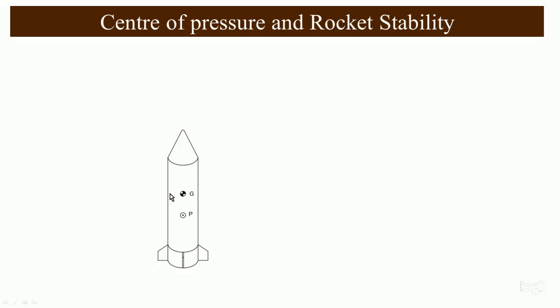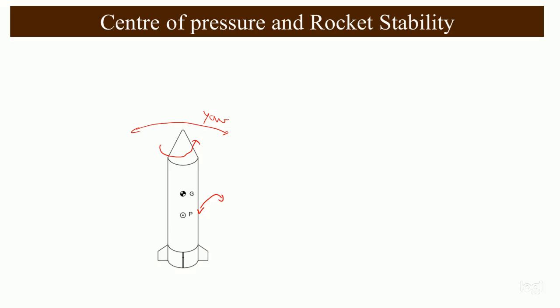It will not roll. Okay, there are three types of motions which can happen. One of the things is it can roll like this. It can roll this way. This is called a roll. Then there is yaw. Okay, it can yaw, or it can pitch in this direction.